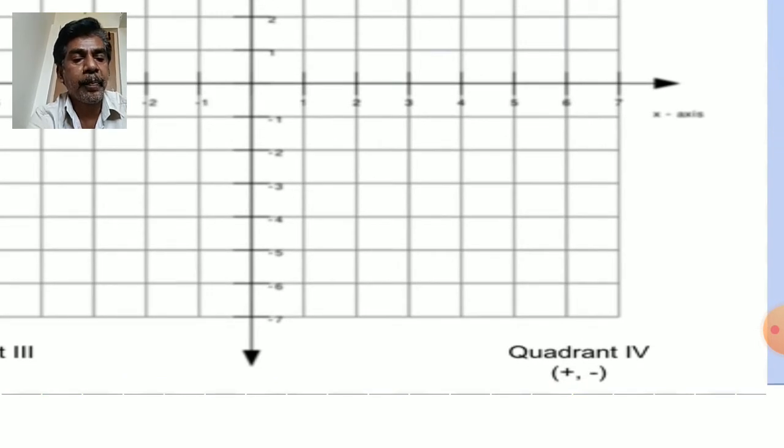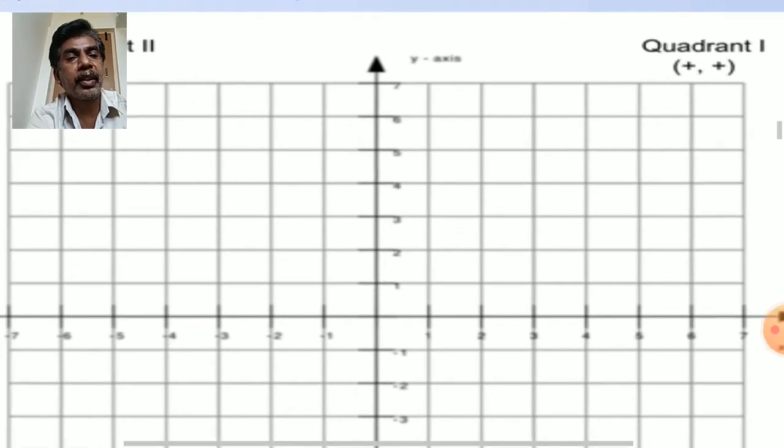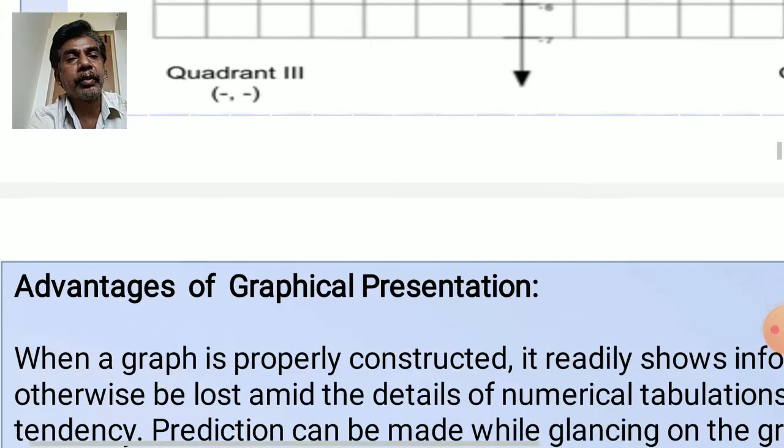Quadrant 4 can be used when x is positive and y is negative. So this is the illustration given here for understanding clearly at what time these quadrants can be used.